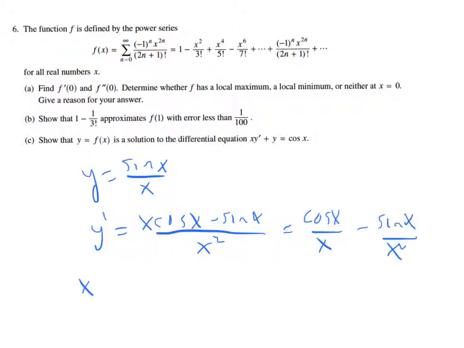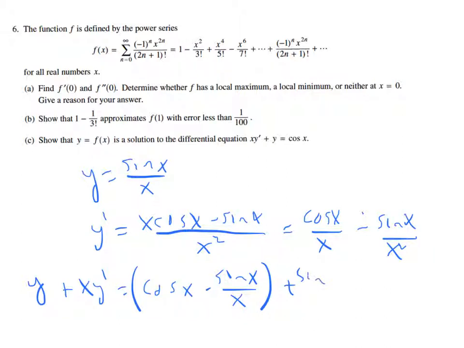And then they said, okay, well, that y prime will equal the cos of x over x minus the sine of x over x squared. And if we add that to y, and y being the sine of x over x, then these cancel out, and you get cos of x, which is what they wanted us to prove.